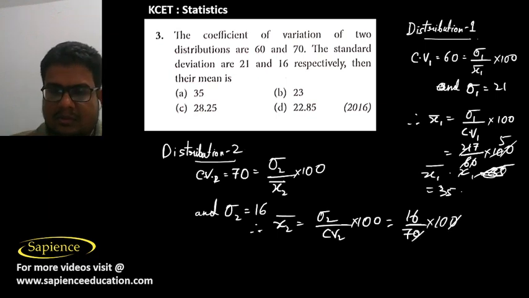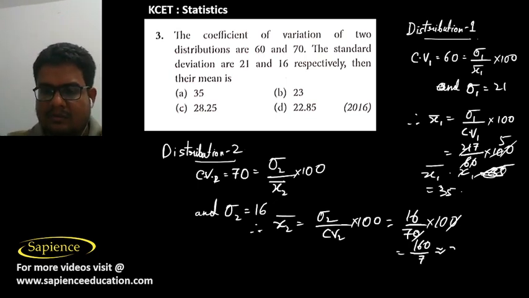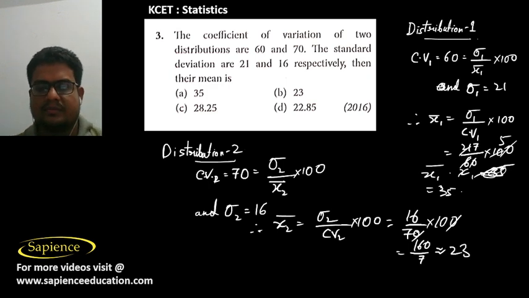So the 0 will cancel. Then 160 by 7, that is approximately 23, slightly less than 23, which is 22.85.